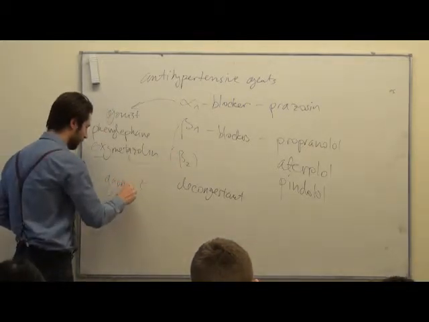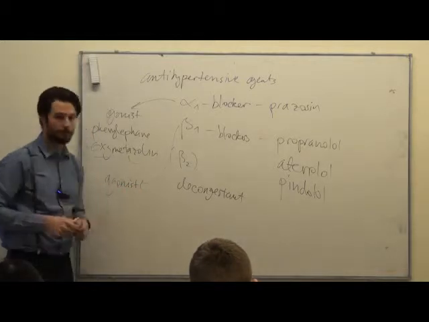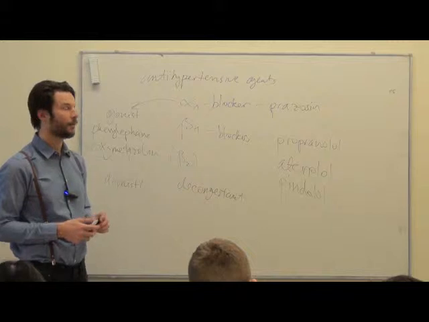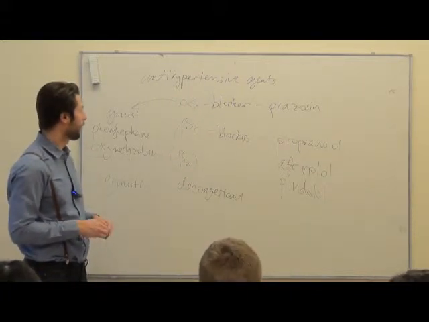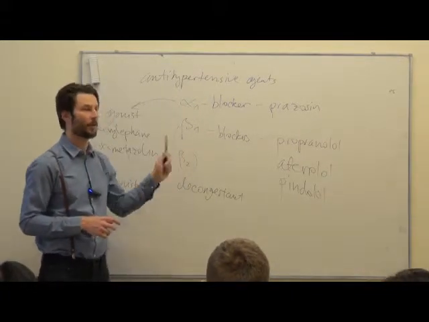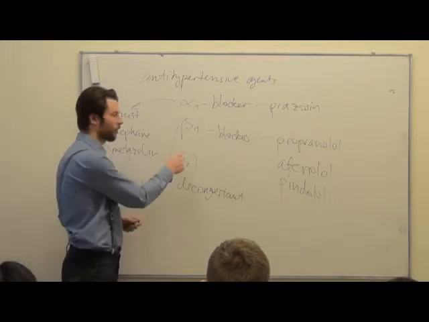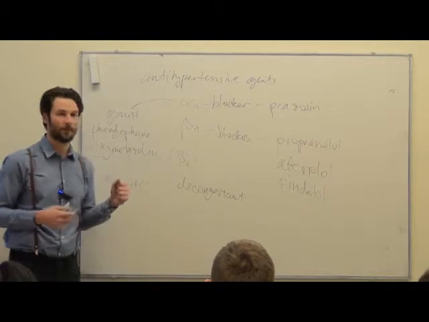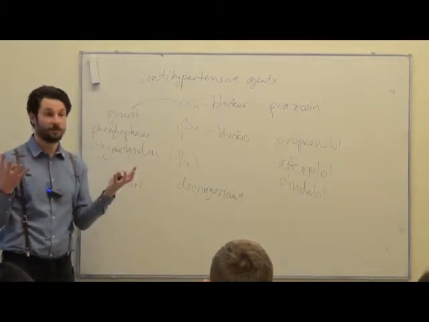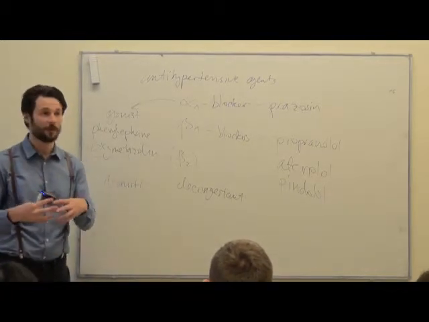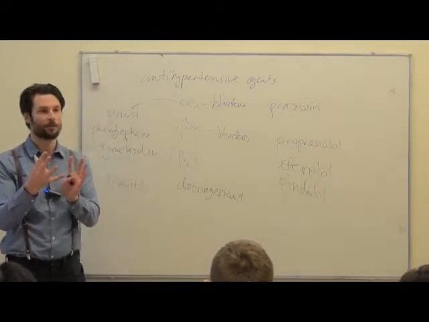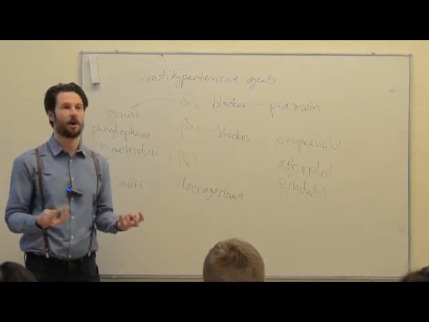What about beta-1 agonists? What would those do? Vasodilation? Beta-1. We already talked about beta-2, which are used for asthma treatment. But what about beta-1? They will increase heart rate. They will increase the strength of contraction. These agonists are used for very short-term strengthening of heart action.